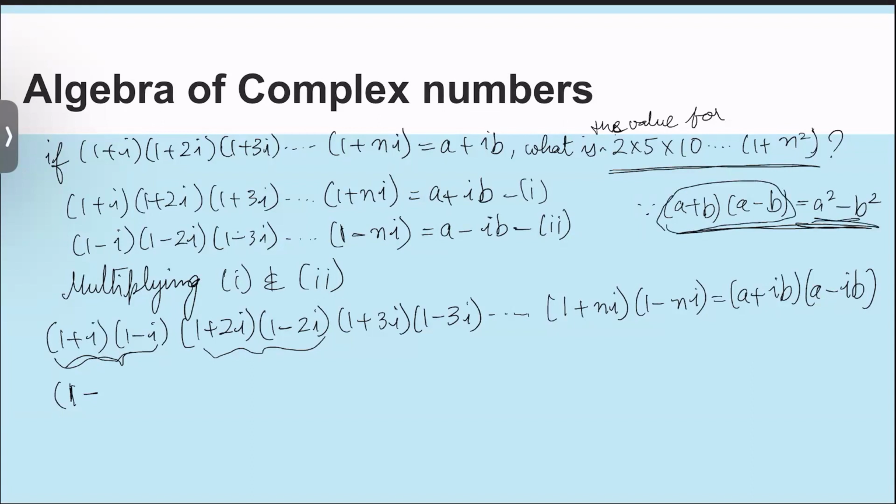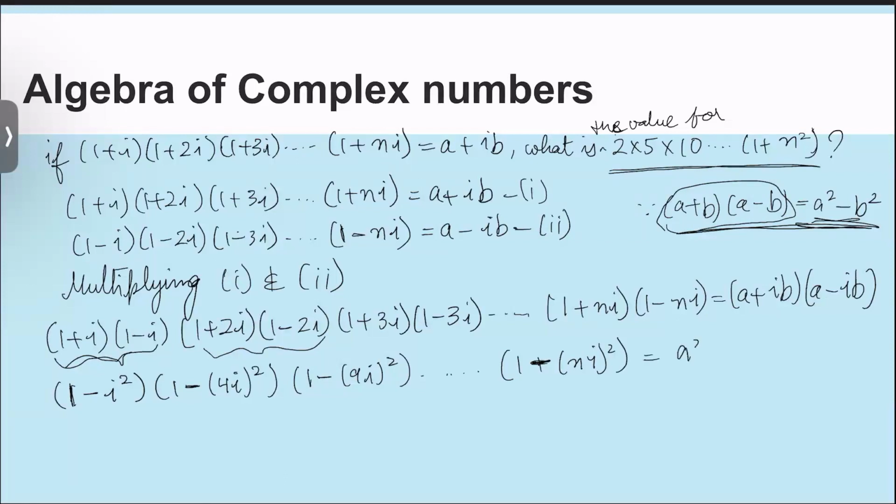So this is 1 minus i square, then 1 minus 4i square, then 1 minus 9i square, and so on up to 1 minus n square i square.